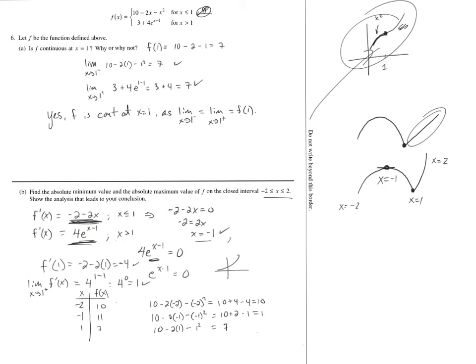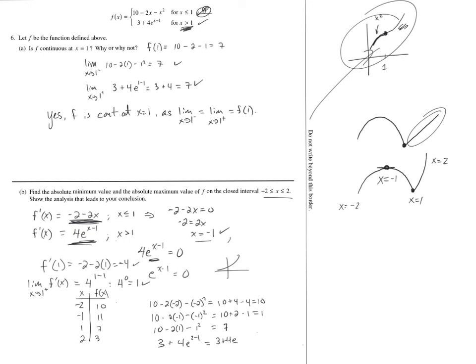And lastly, at x equals 2, we've got to use the exponential function because that's a value that's greater than 1. So we're going to get 3 plus 4 times e to the 2 minus 1. 2 minus 1, of course, is 1, so it's 3 plus 4e.